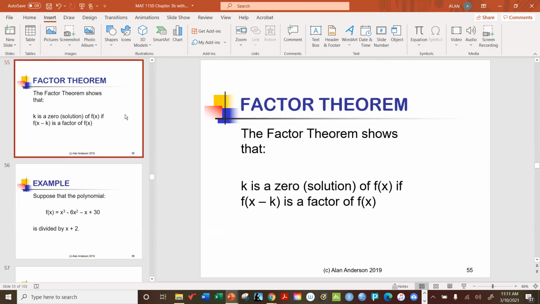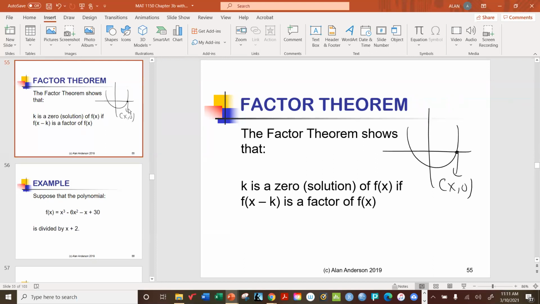So the factor theorem says this: k is a solution of f of x. It's kind of a strange idea, but we're saying that k is a solution. Now remember, solution means that's the value of x where this crosses the horizontal axis, or where y equals 0.